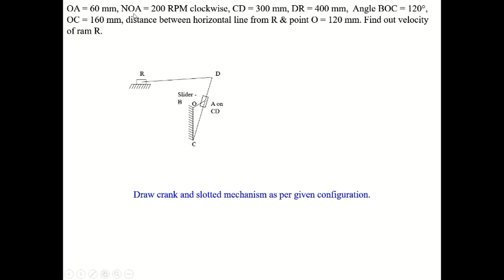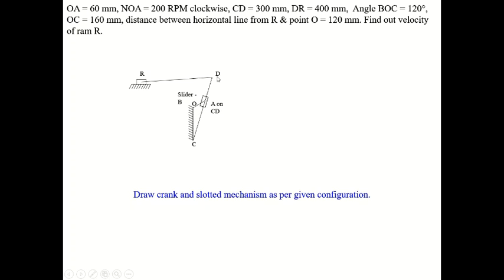Actually, it should be a subscript, but here in the PPT, I think the option is not available. Speed of the crank OA is 200 RPM, and it is rotating in the clockwise direction.